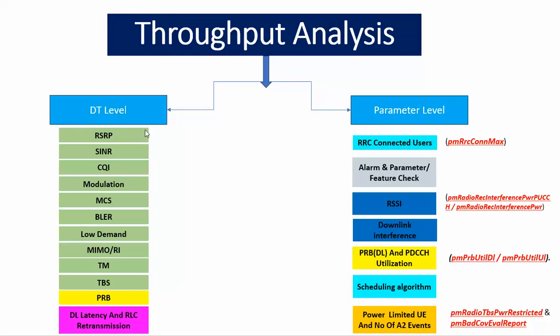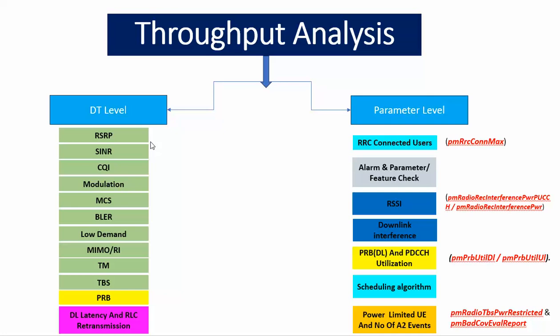First of all, find the location, go there, and check the coverage. First of all, check coverage RSRP. If we get poor RSRP, that means your throughput will be low, and we need to check why RSRP is low.